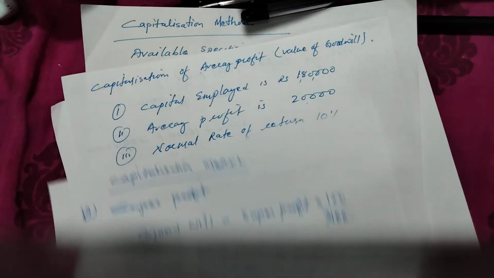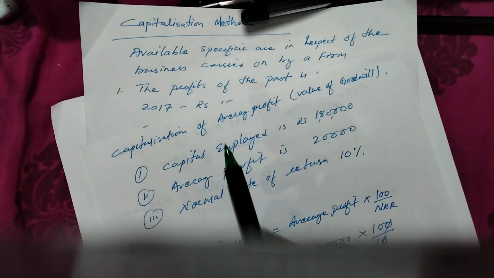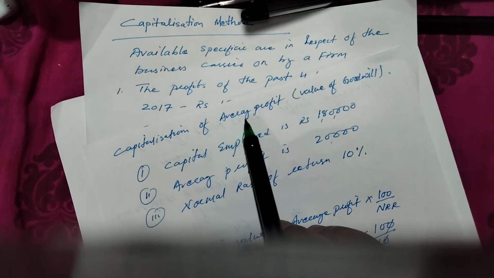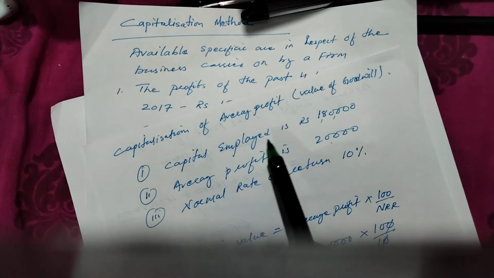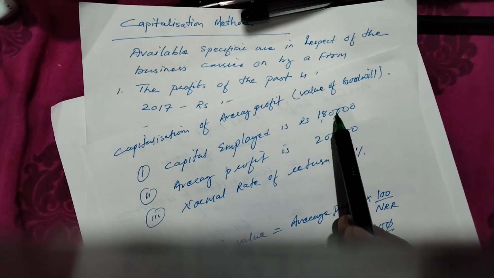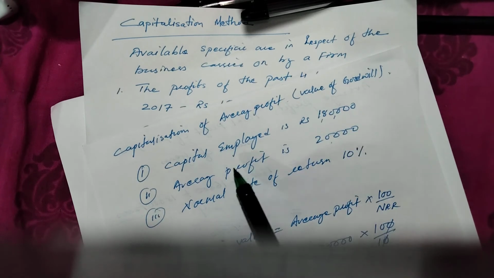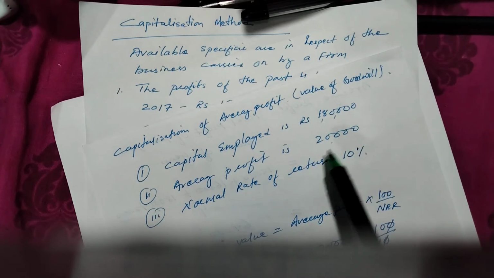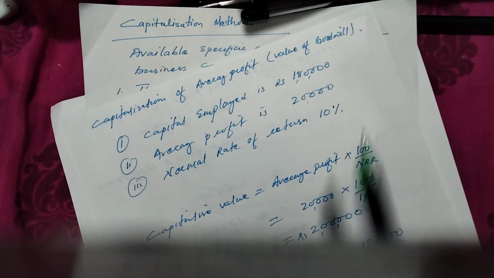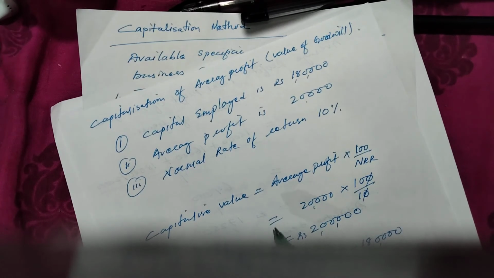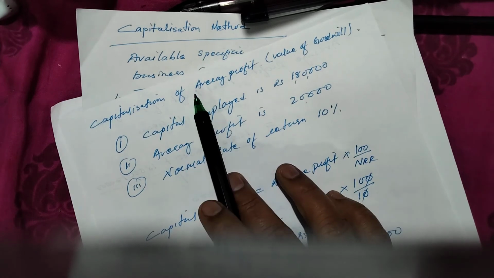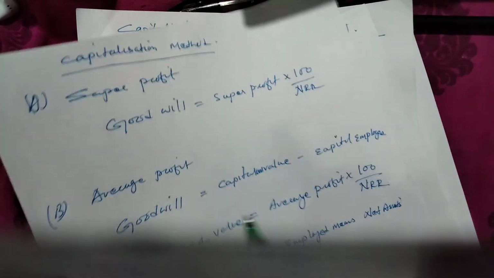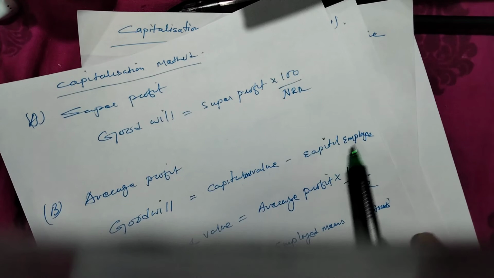Let us solve one question. Suppose capital employed is rupees 1,80,000, average profit is rupees 20,000 and normal rate of return is 10%. So you are finding goodwill through the capitalized value of average profit. The formula is goodwill equal to capitalized value minus capital employed.